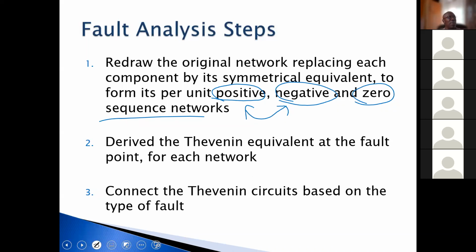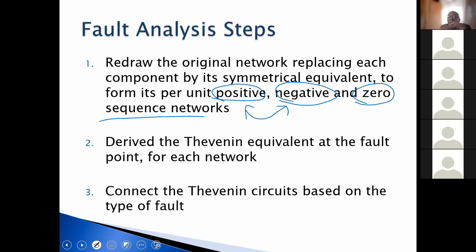The values may not be the same because for your rotating systems, your generator and your motor would be different. But for your lines, your loads, your transformers, all those static systems, the positive and negative values are the same.